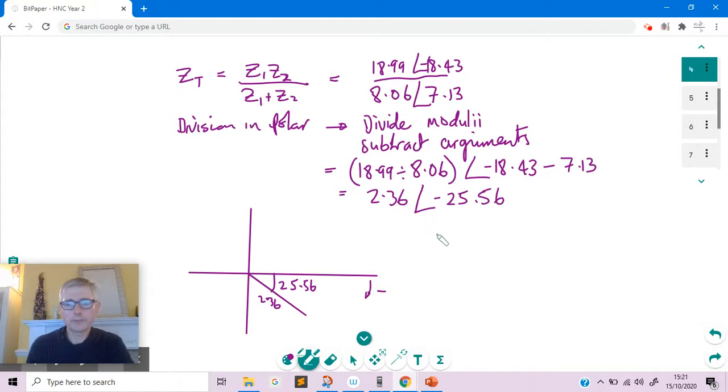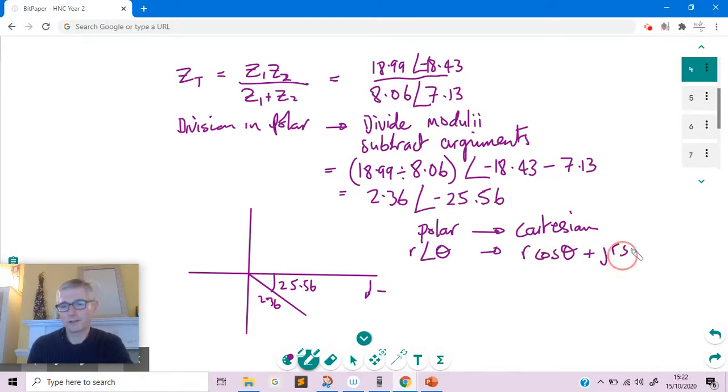And when we're converting from polar to Cartesian, if we've got something in this form, r and then theta, then in the Cartesian form, it becomes r cos theta plus j r sine theta.